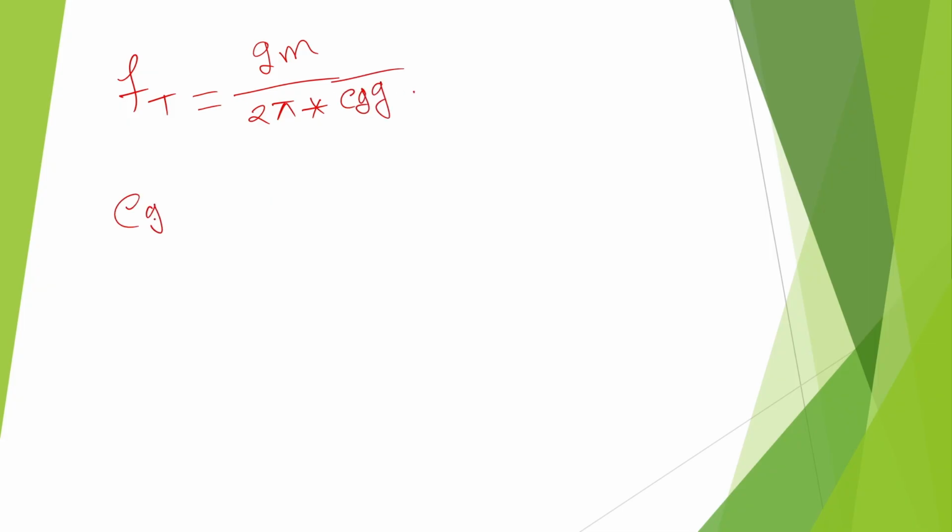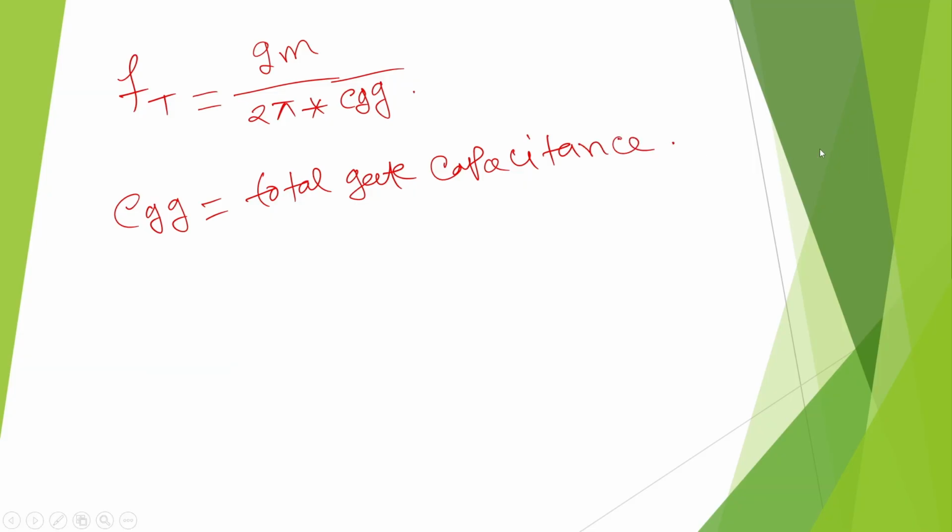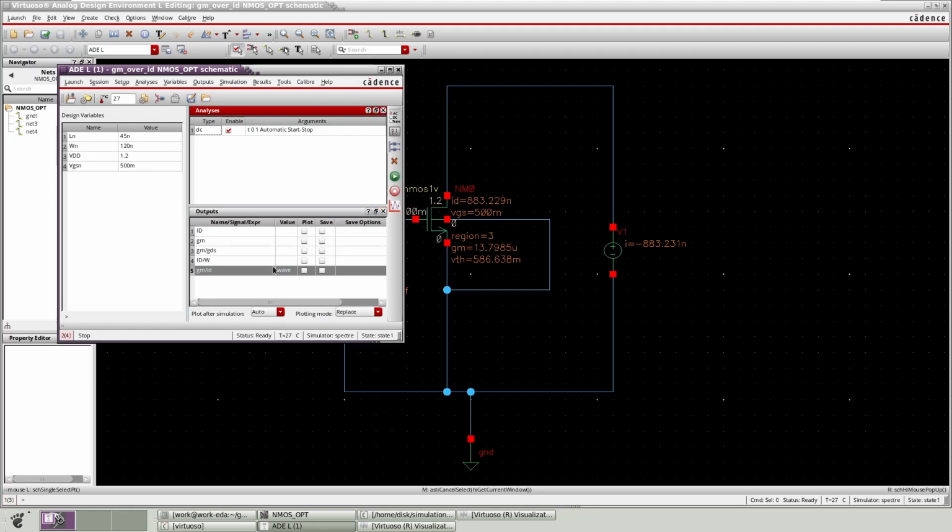Now we want to find out the FT. FT means transient frequency. The expression of the FT is GM divided by 2 pi into CGG. Here the CGG is total gate capacitance. So let us find out the FT versus VGS.